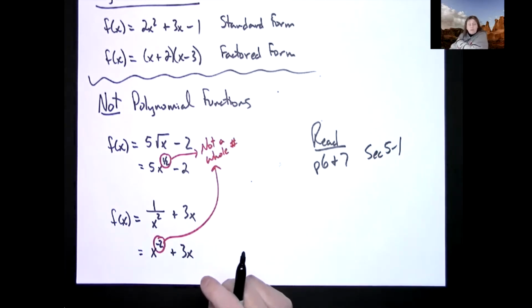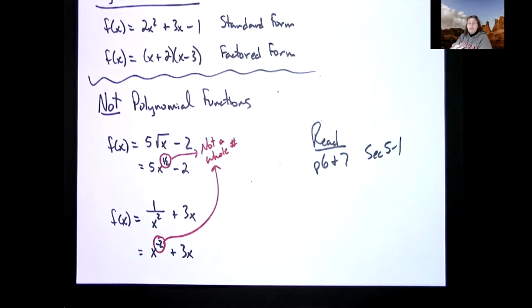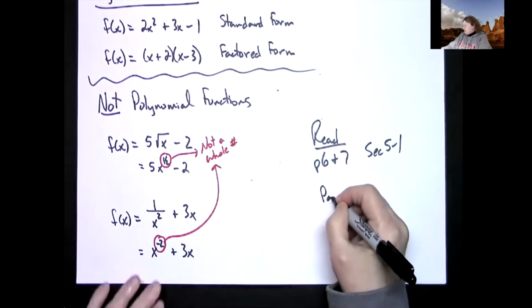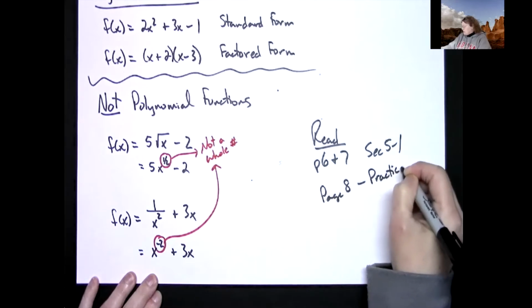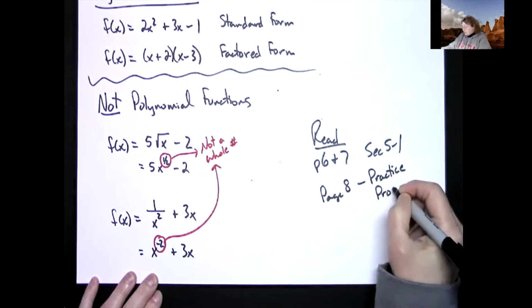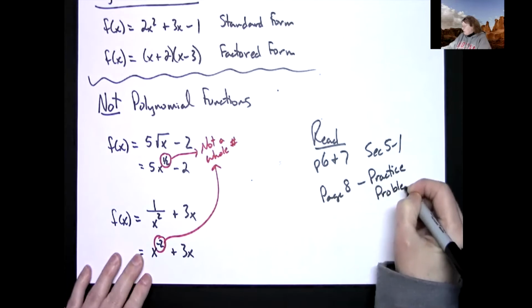That talks about the leading coefficient test and end behavior, so that you can do some rough sketches. Page 8 is some practice problems that you can try to see if you have mastered the leading coefficient test and end behavior.